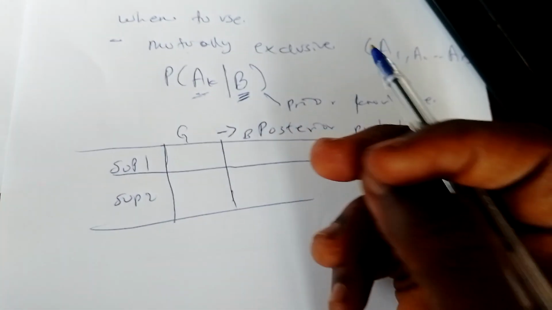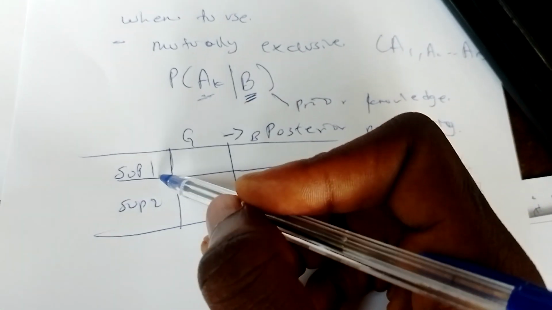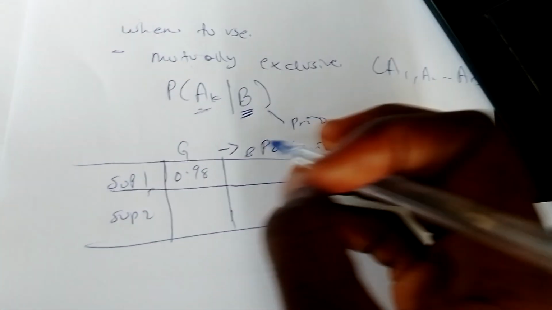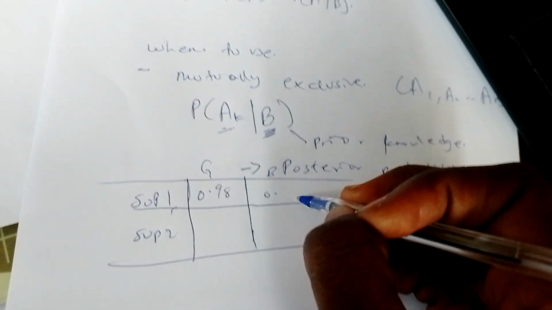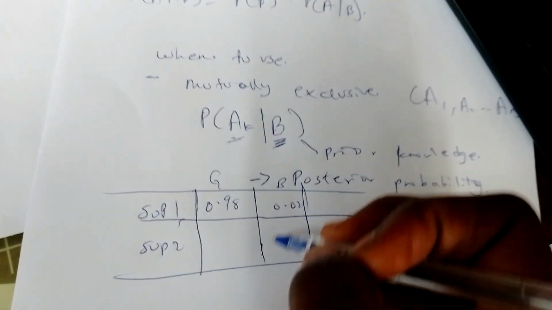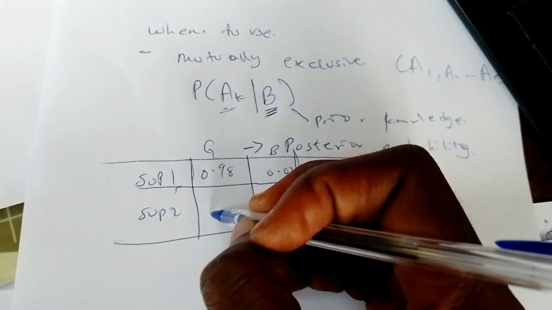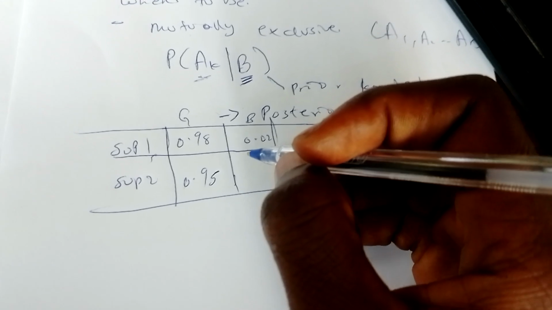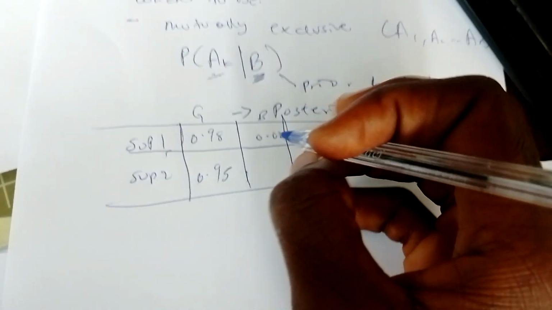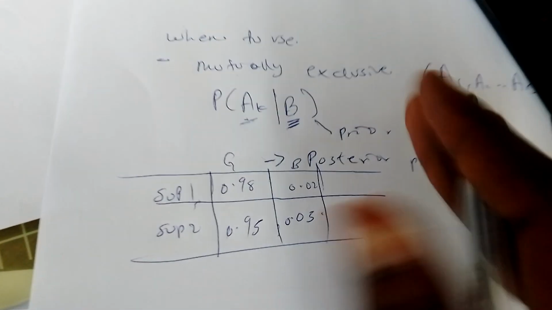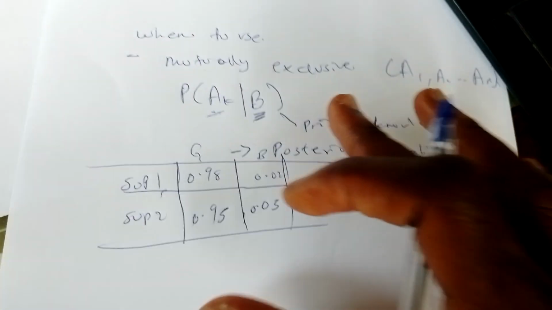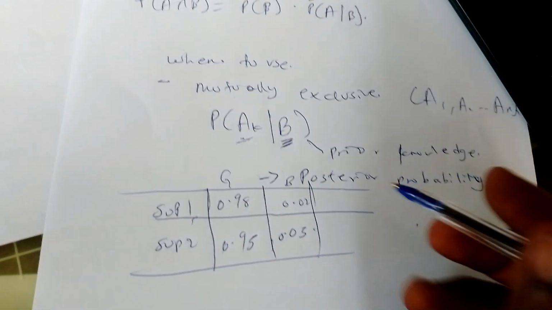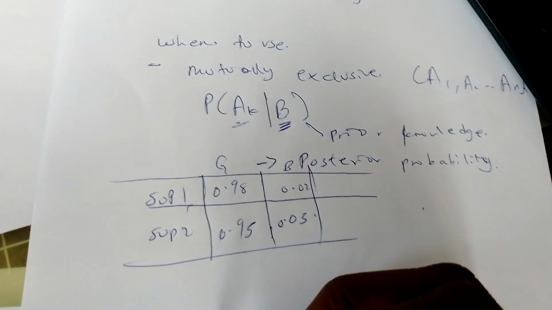Say the supply goes to your company, and the probability of supplier one giving you good items is 0.9, and the probability that they give you bad items is 0.02. For supplier two, good items is 0.95 and bad items is 0.05. This is what we are going to work with. Now you want to find this one. You can draw a tree diagram, which makes it easier to analyze.